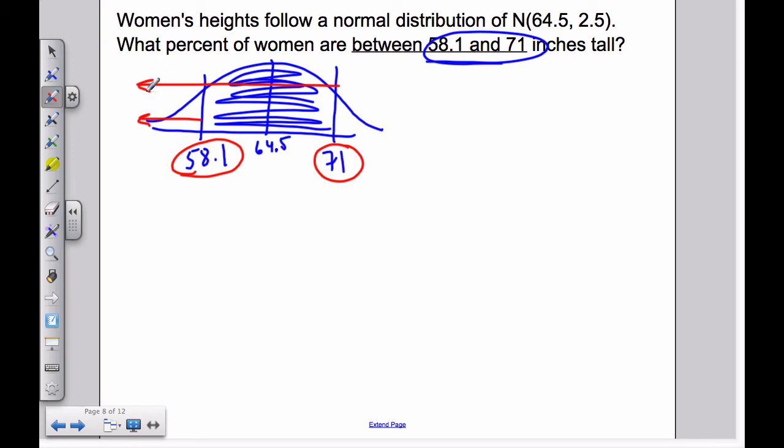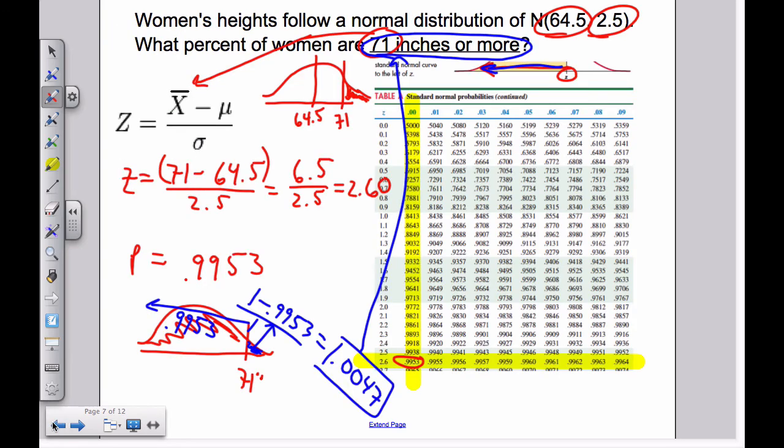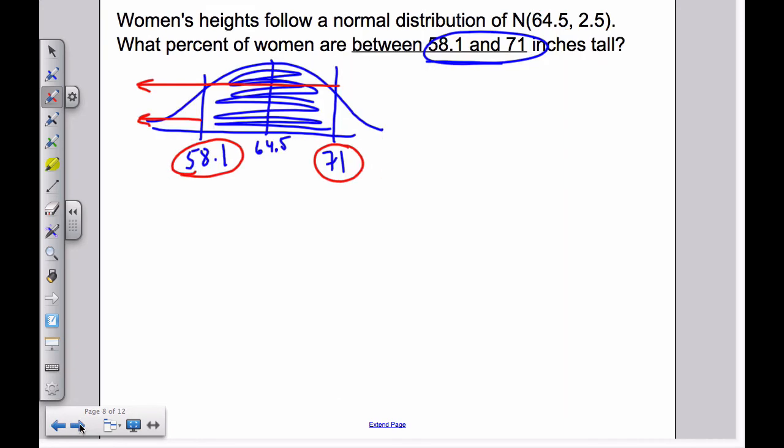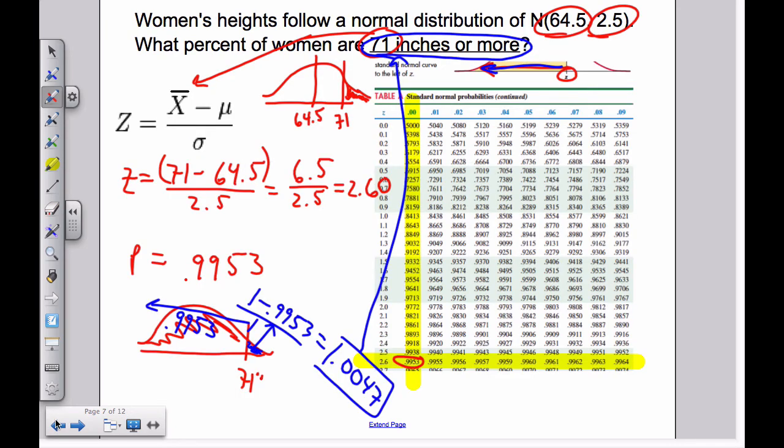And let's go back and check our answers. For 58.1 on down, we got 0.0052. So let's go back now. This was a 0.0052 probability for 58.1 on down. For 71 on down, we got 0.9953.